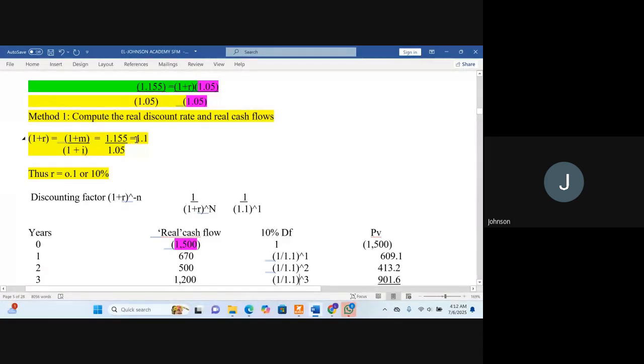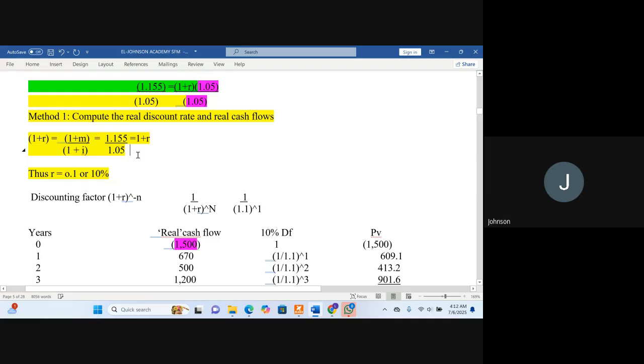So let's try and do this one again. Here we now have 1 plus r. Then the next thing we do is collect like terms.